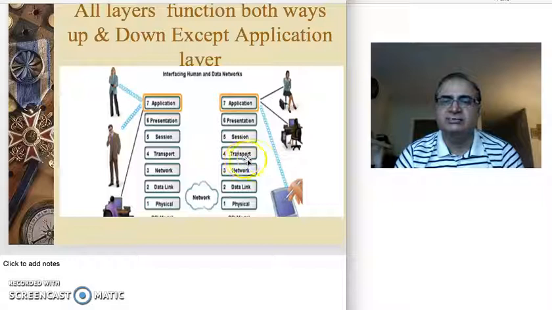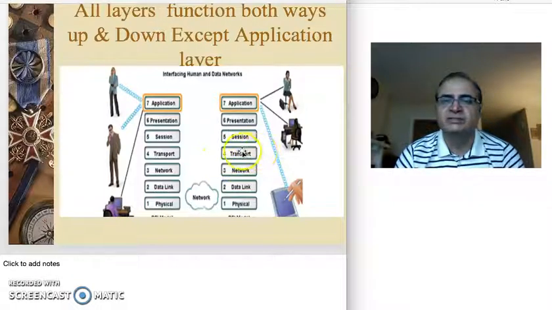Then there is the transport layer, which is layer number 4. At this layer, the overall big chunk of data coming from the top is divided into small chunks for transportation. As in our warehouses, we divide a big lot into small boxes to transport them to other warehouses or distribution centers. Same is the case here.